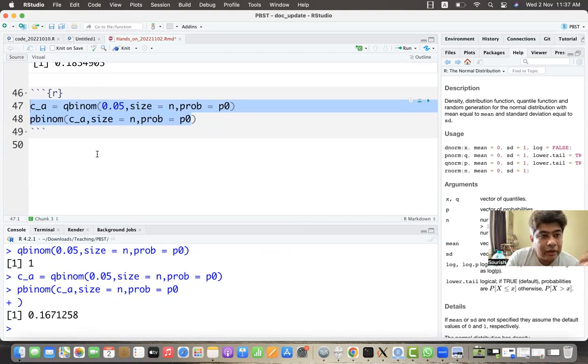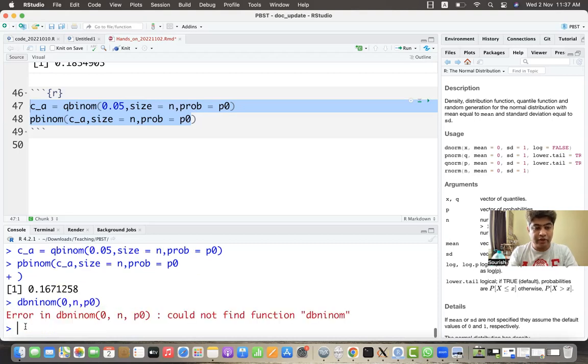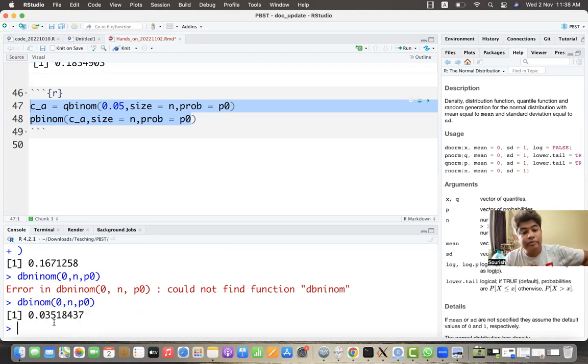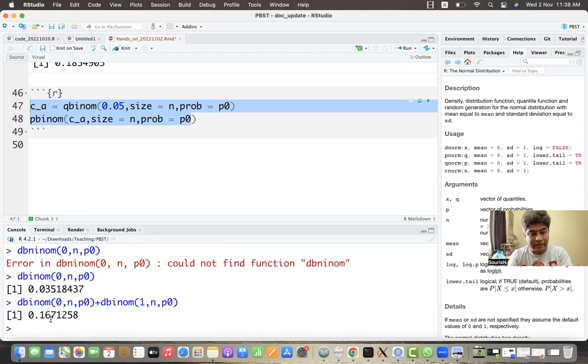It means basically, for 1, D binom of 0, n, P0, if I do that, that is 3%, and this plus D binom of 1, n, P0, if I do, that is 16%.